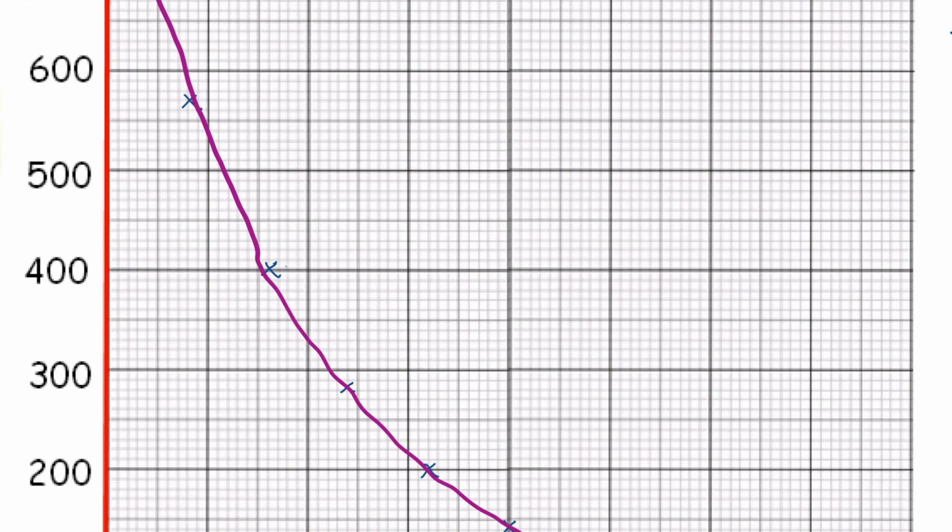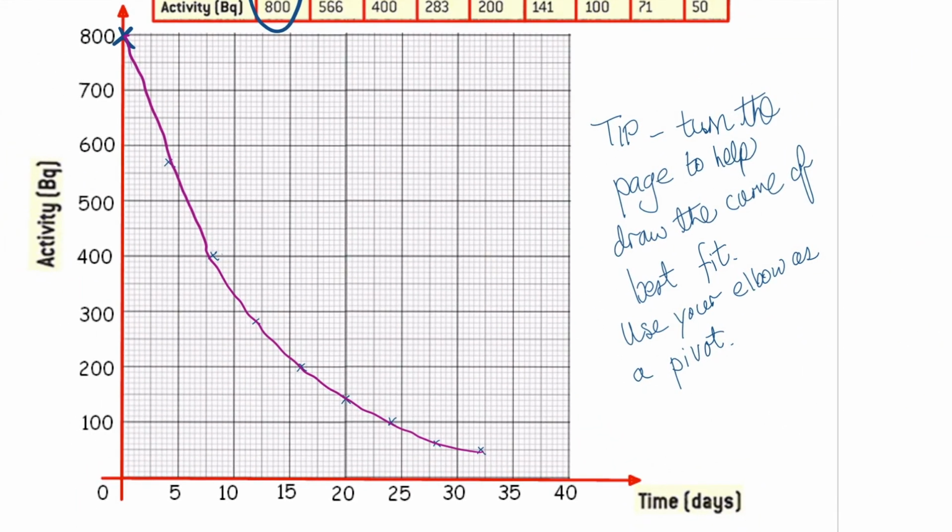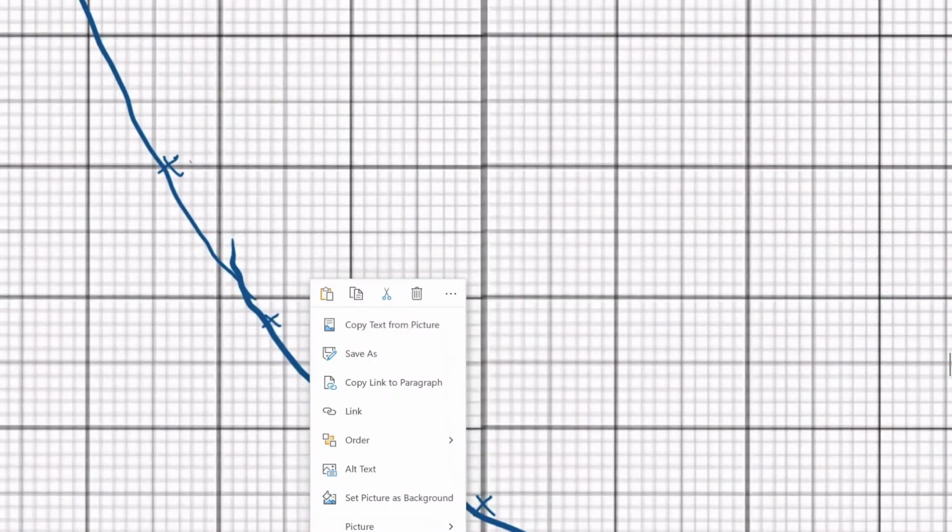What you mustn't do is draw multiple curves of best fit. So what's a multiple curve of best fit? Well, it's where you start drawing a line like this, and then you draw another one here, because that would be a multiple line.